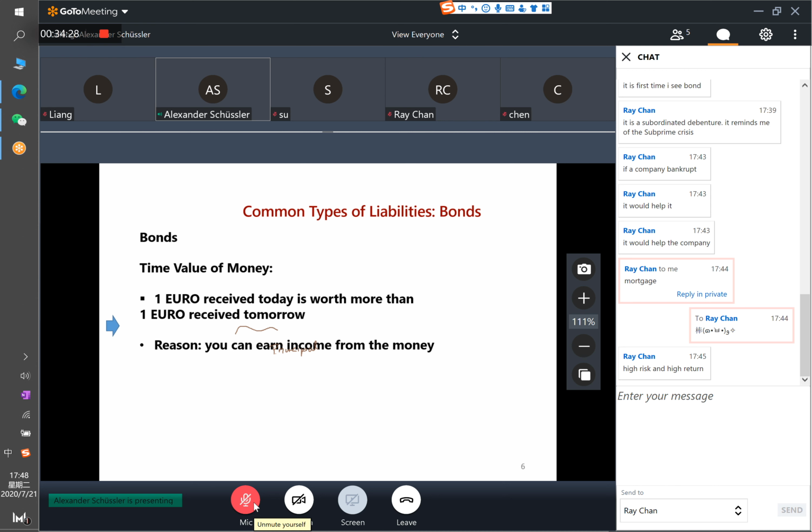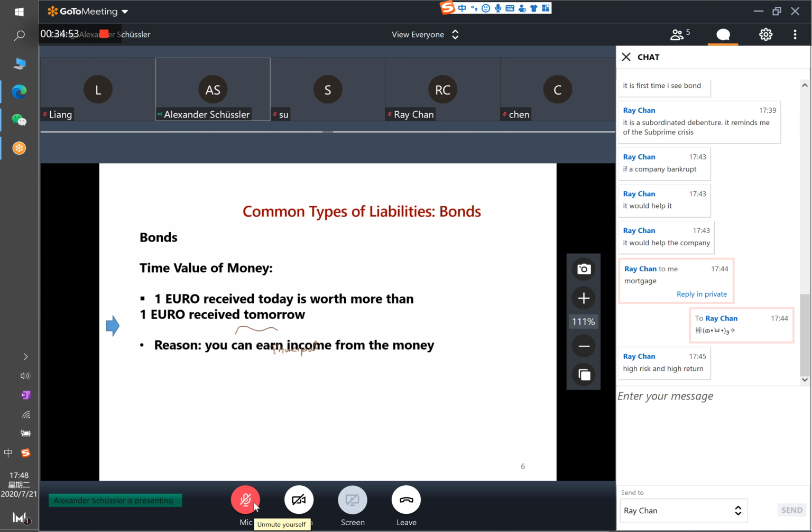Generally, when we're talking about bonds, a very important concept is the concept of time value of money. And what does time value of money mean? Time value of money means that €1 received today is worth more than €1 received tomorrow.